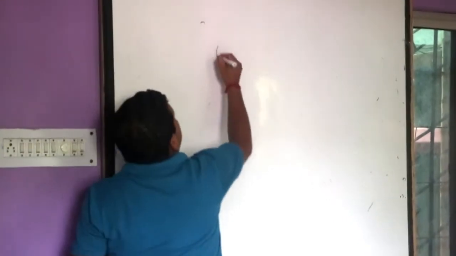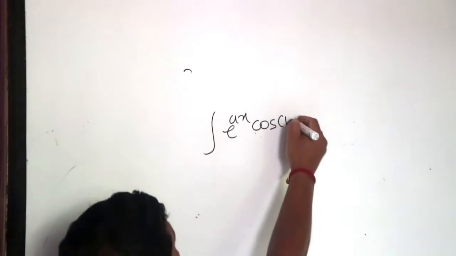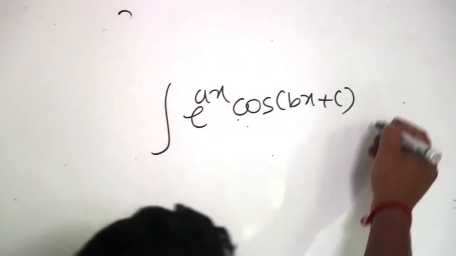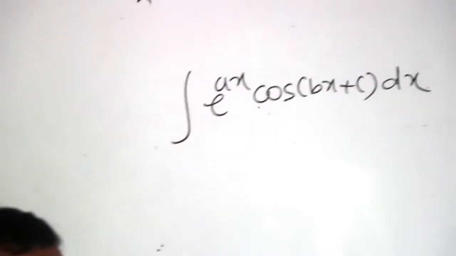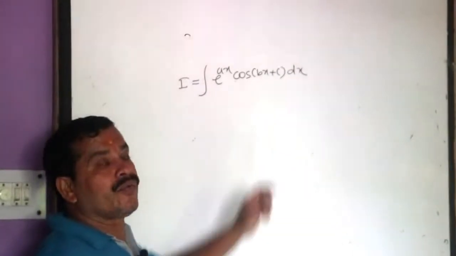The integration like this: e to the power ax cos bx plus c. This type of integration will be repeated once more. In this case, we take this integration as I. One is an exponential function, another is a trigonometric function.